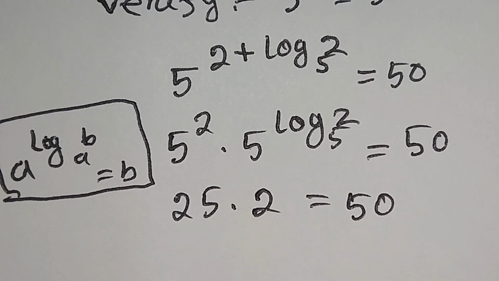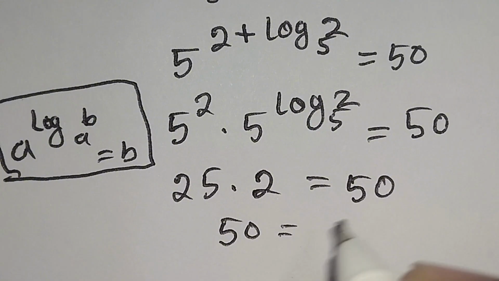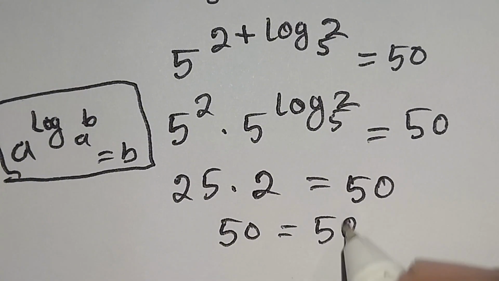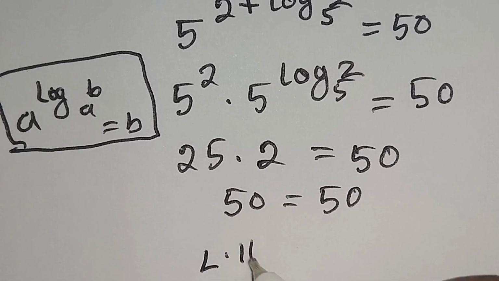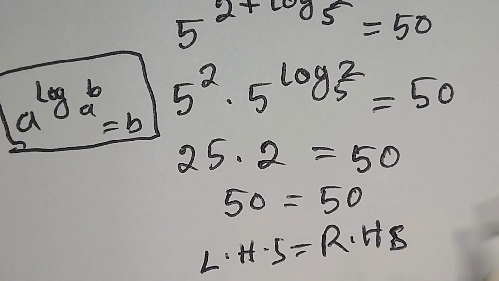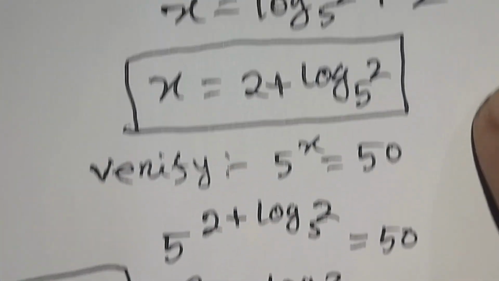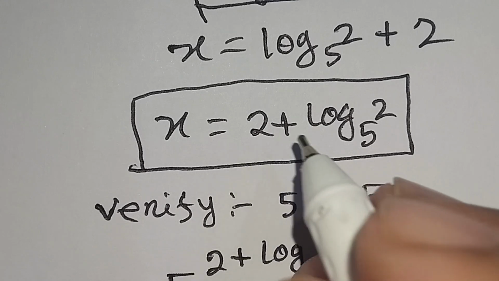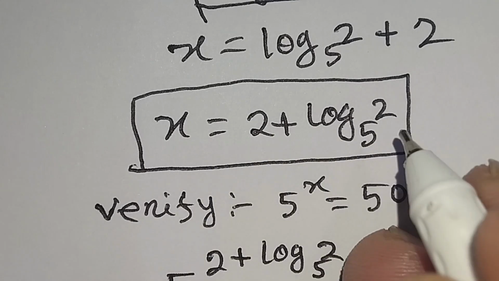Here 25 times 2 is equal to 50, which is equal to this 50. Here the left-hand side is equal to the right-hand side. So our value x is equal to 2 plus log 2 to the base 5 is our correct value.